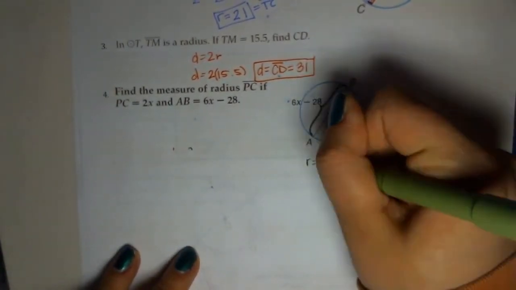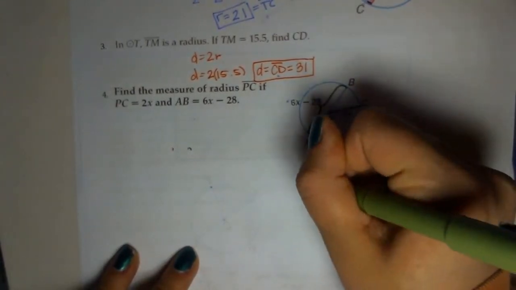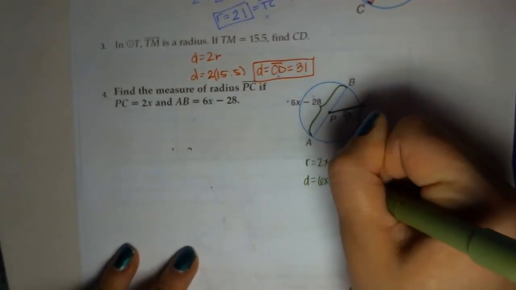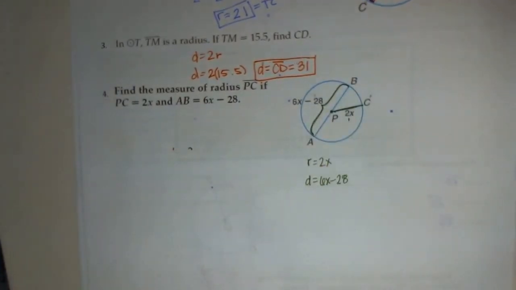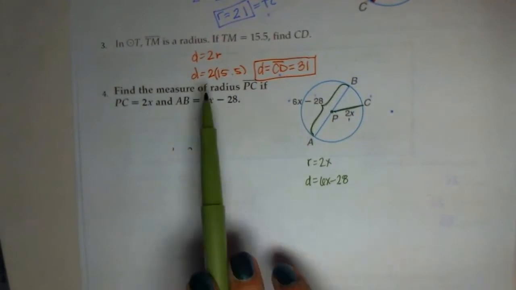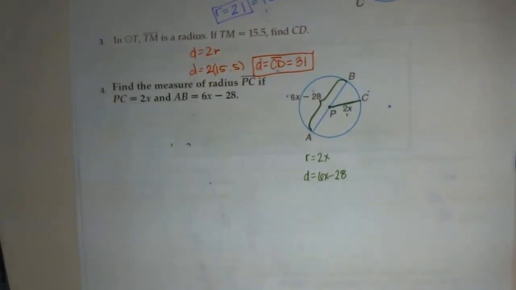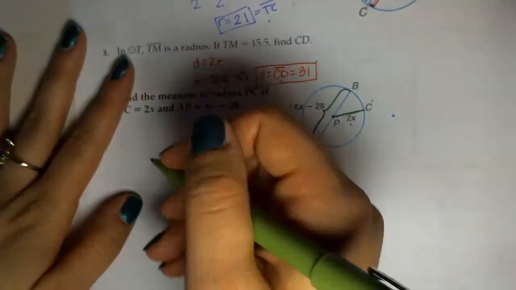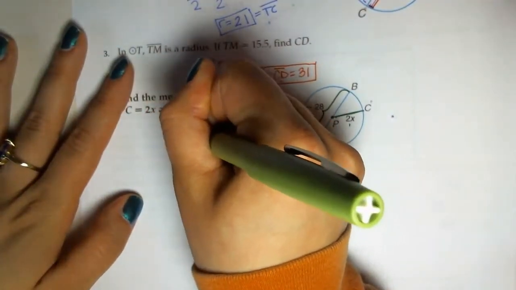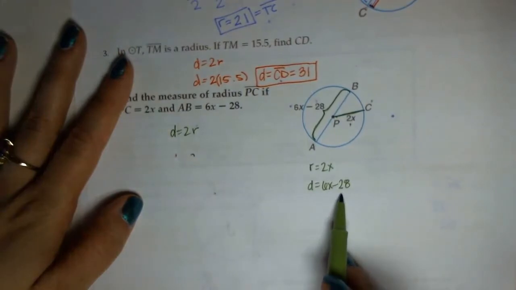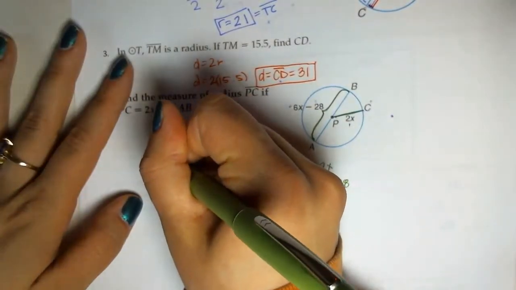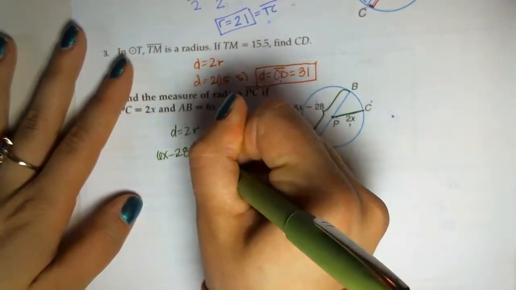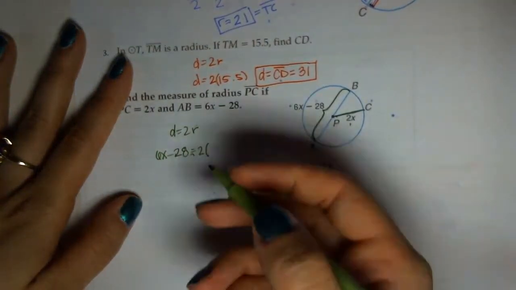So R is 2x, and the diameter, I'm told, is 6x minus 28. So I think the easiest one to do is this D equals 2R again, because I don't have to worry about fractions. So I'm going to start filling stuff in. So I have D equals 2R. My diameter is 6x minus 28 equals 2, and my radius is 2x.